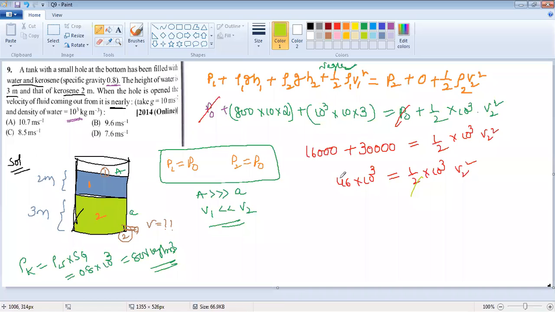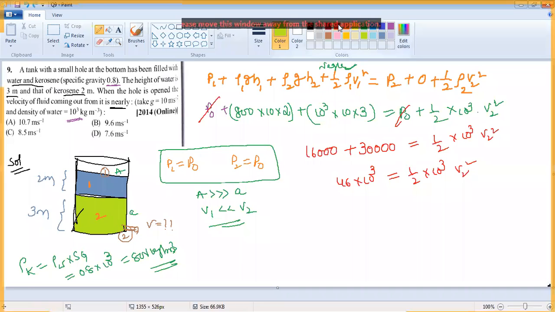Bring the 2 to this side. 2 into 46 is 92. The 10 power 3 cancels. 92 is equal to V2 square. Then V2 is equal to square root of 92.